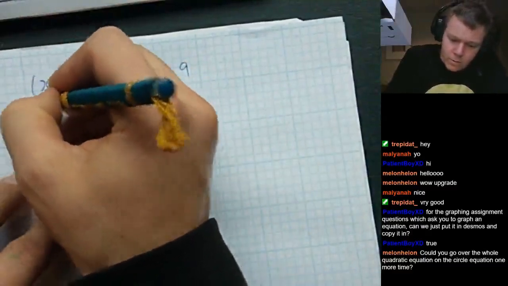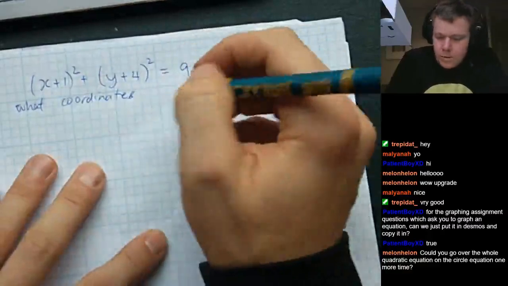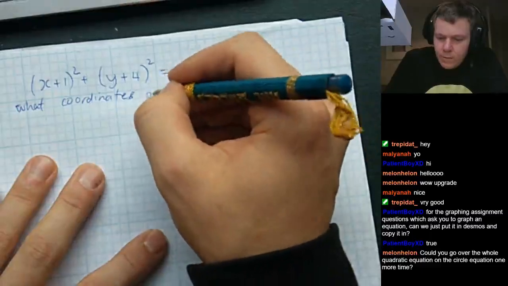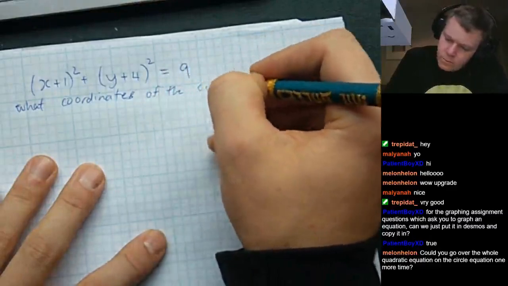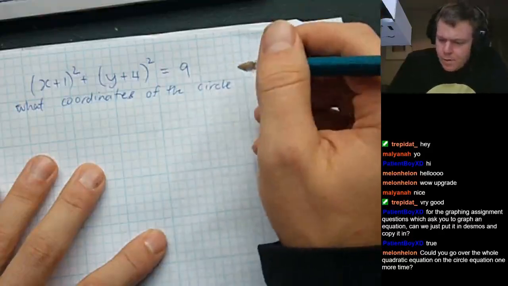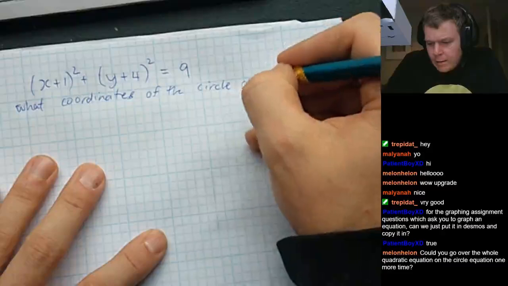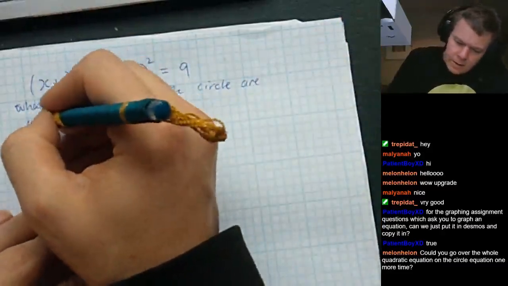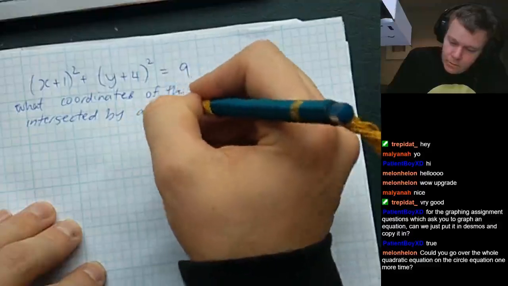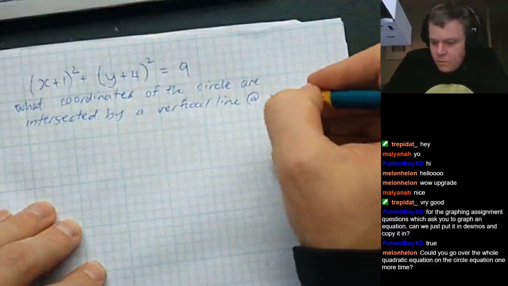What coordinates of the circle are intersected by a vertical line at x equals 1.